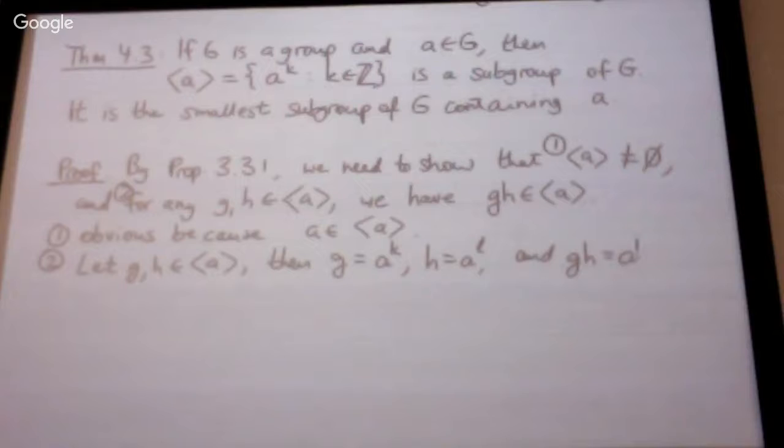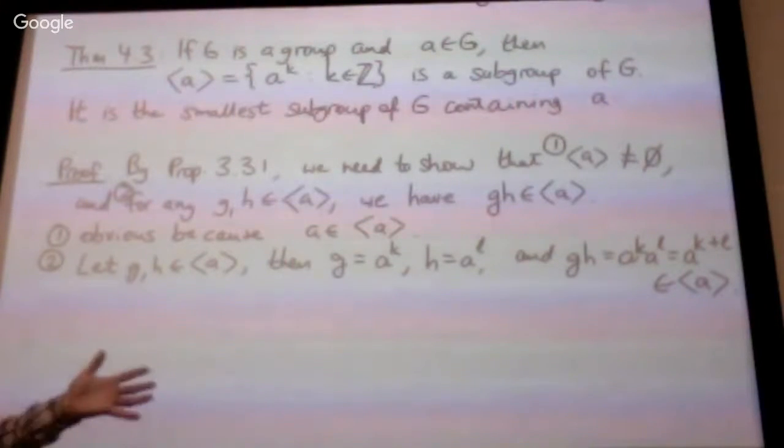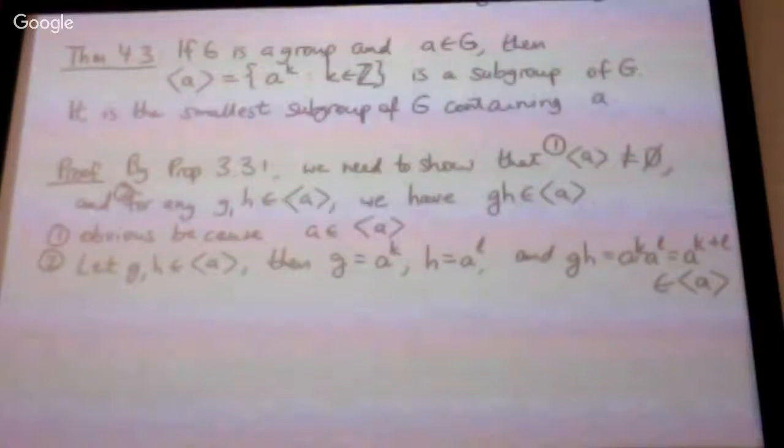So A to the K times A to the L is A to the K plus L, which, again, by the definition of the bracketed A, is in the bracketed A. There is nothing fundamentally deep about it. You just write the definition and you see it works.